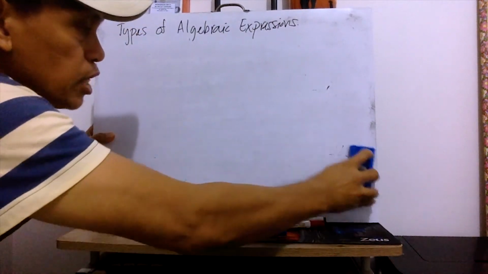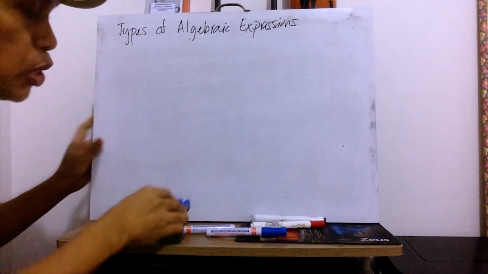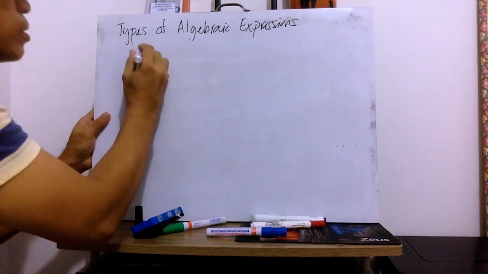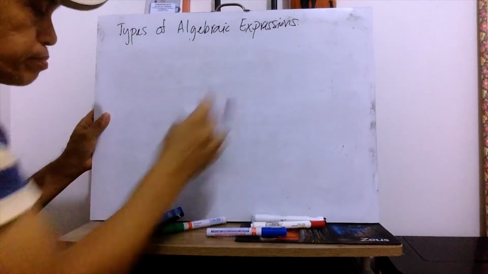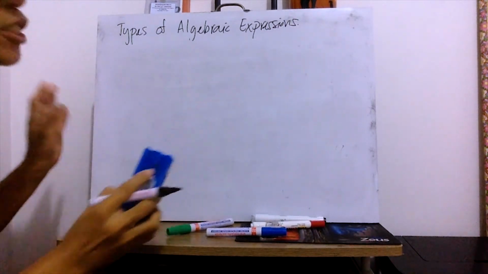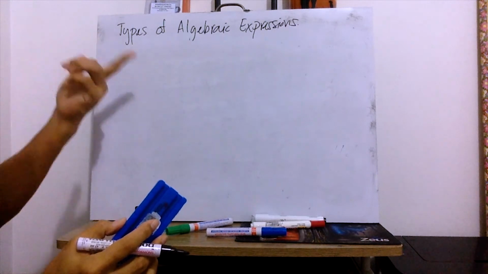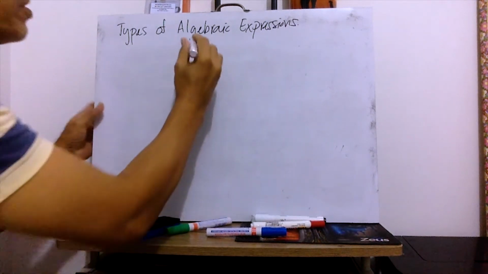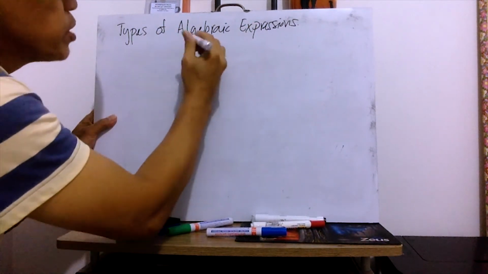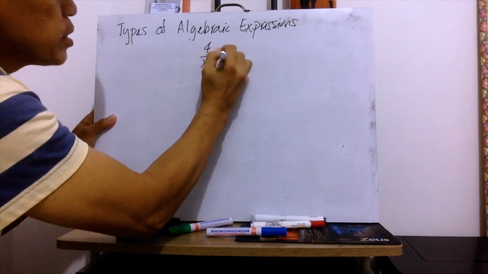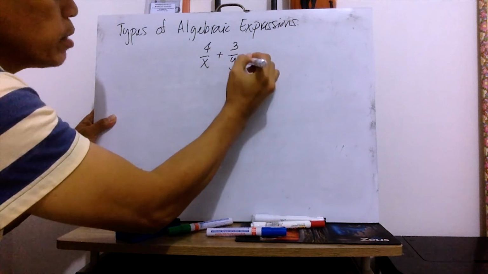Now, assuming that we already know what a polynomial is, we can now define the types of polynomials. Algebraic expressions are a common term. For example, these are algebraic expressions: 4 over x plus 3 over y.